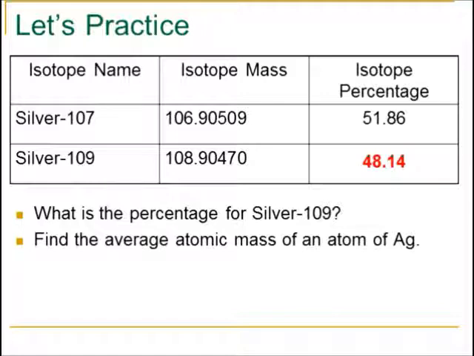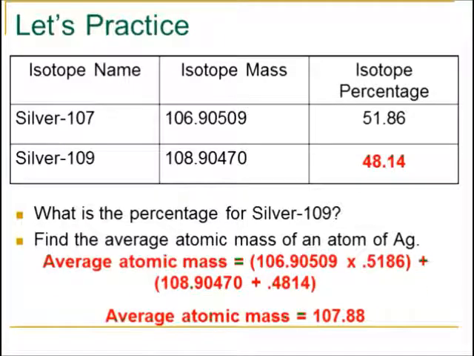So we figured that out by taking 100 and subtracting 51.86. So now we have to find the average atomic mass for an atom of silver, or Ag, as it's abbreviated, the element symbol. So there's our equation. We take silver 107, we take its average atomic mass unit per atom of 106.90509, multiply it by its relative abundance of 0.5186, and then we add that to silver 109.